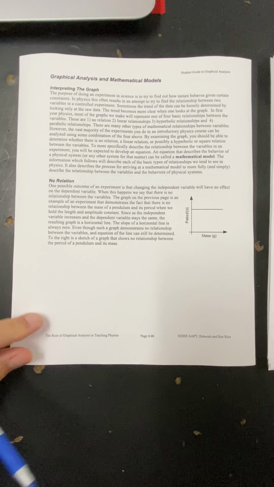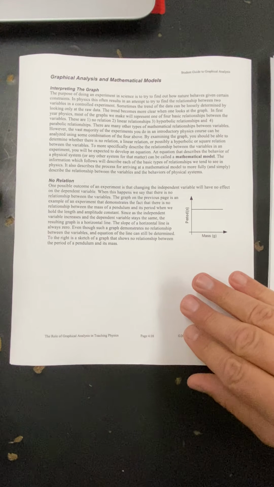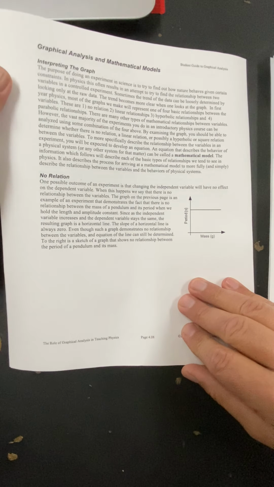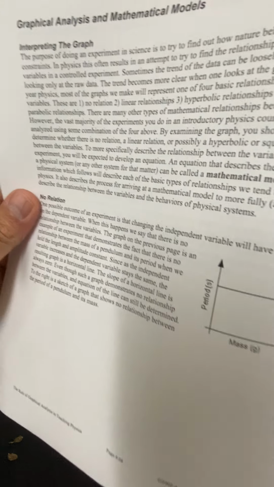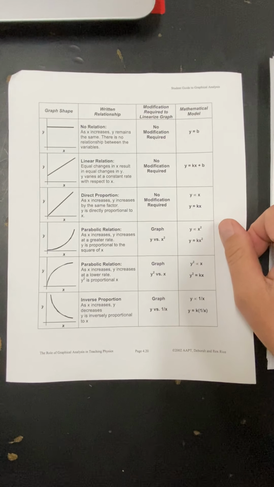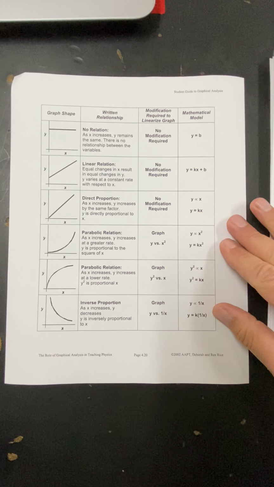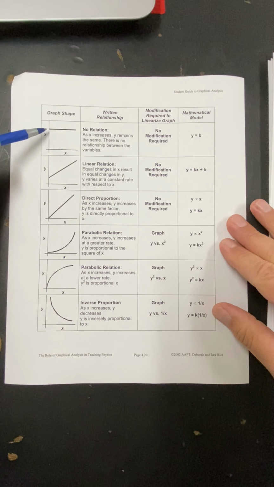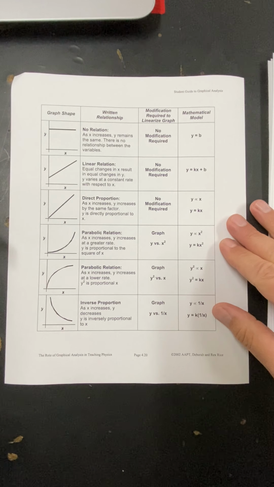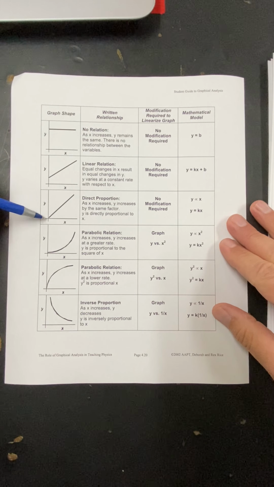So when you make a graph, in this course anyways, I'm not saying that in the world these are the only graphs that exist, you're probably going to get one of these shapes, okay? And there are really only 6 shapes. You might get a horizontal line, a line with an intercept, a line without an intercept.